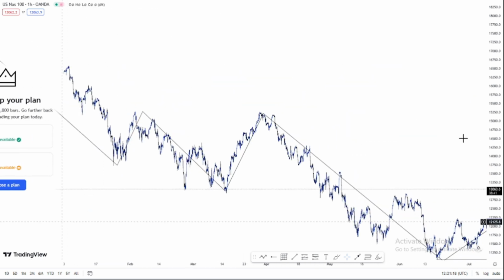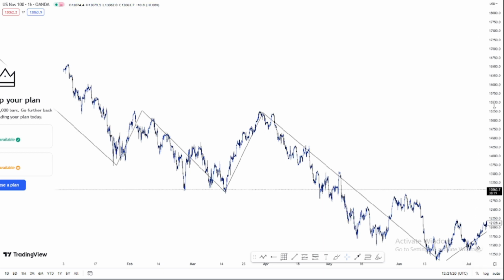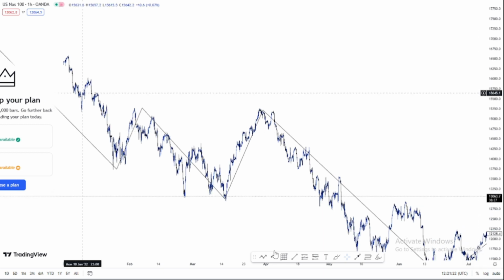So we're just going to focus on the downtrend, right? I want you guys to notice how the market is pushing to the downside. As you guys can see, we have internal structure now, a series of lower lows and lower highs.